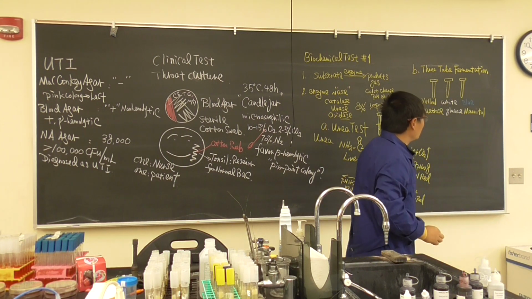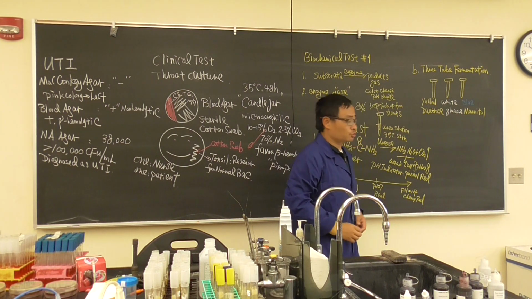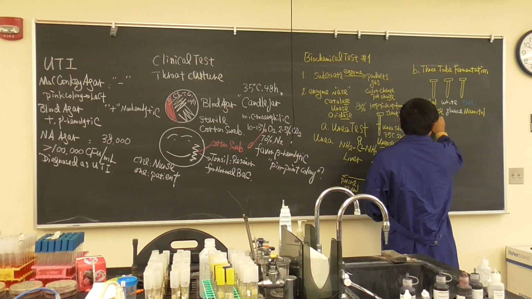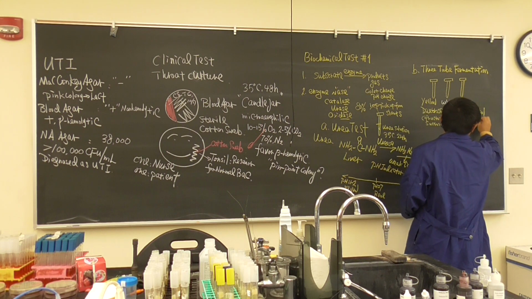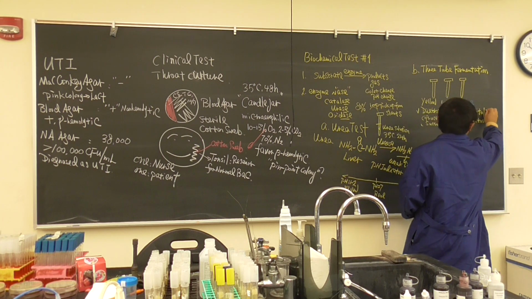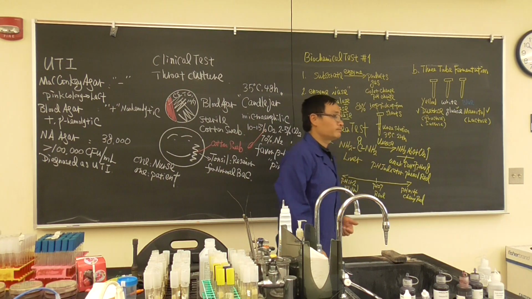Now, usually what we do is glucose, fructose, or sucrose, and another one we do is lactose, usually. But we don't have those, so we're going to do dextrose, glucose, and mannitol. Okay?